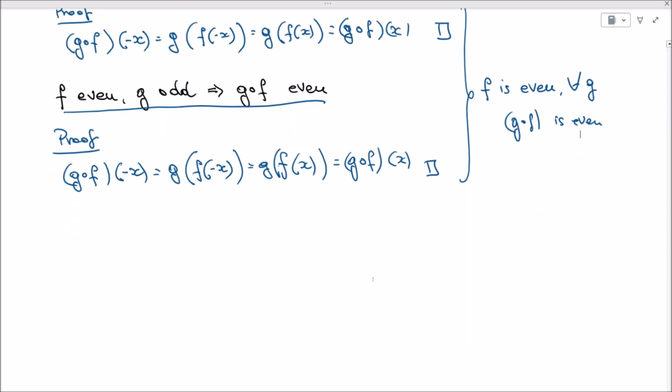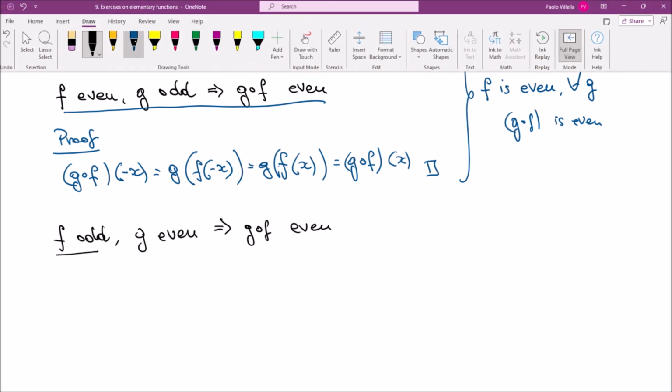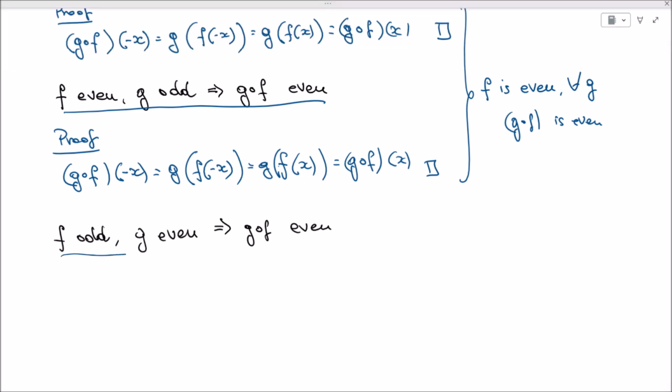Okay, let's consider now the case where f is odd and g is even. What can we say about g compound f? Well, we would say that g compound f is even. Let's prove this. We have g compound f of minus x, which is g of f of minus x.